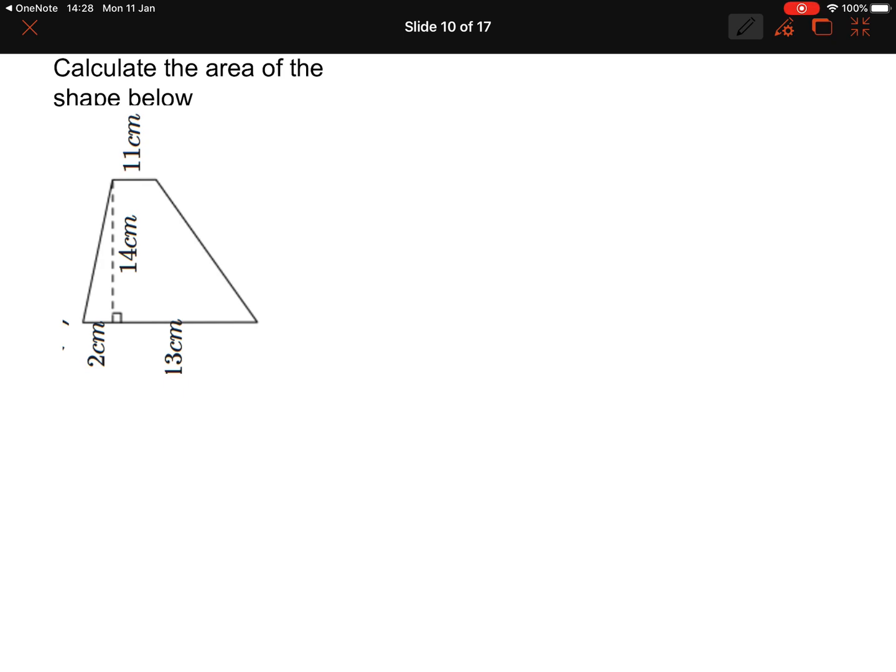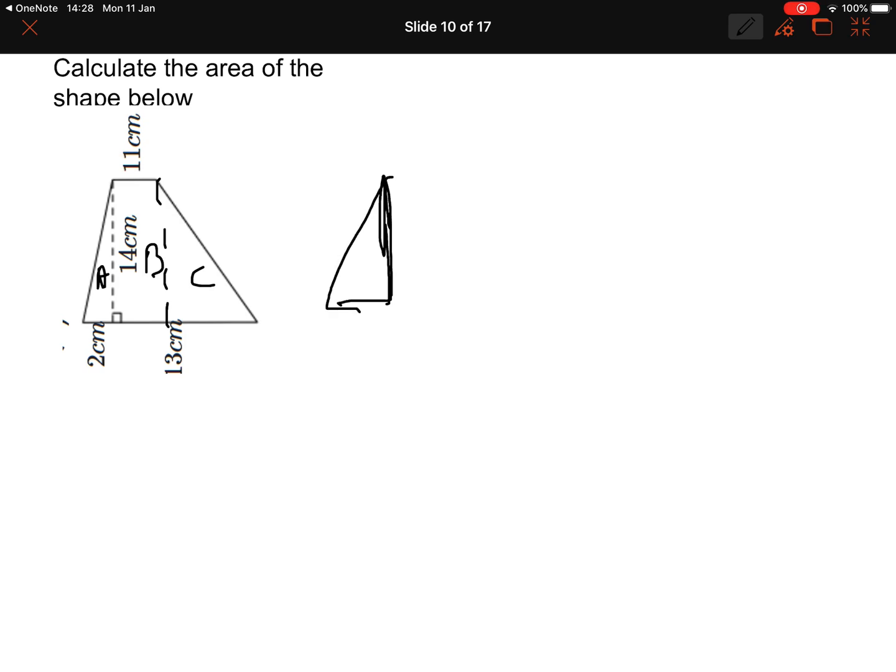Okay. Brilliant. So just like the last example, I'm going to split the shape into 3 parts. That's A, that's B, that's C. So A is going to look like this. Where you've got a triangle. So that was a poor attempt.